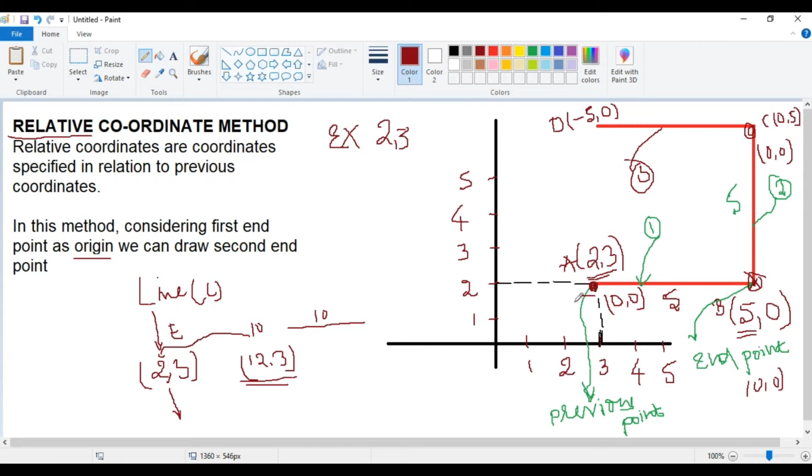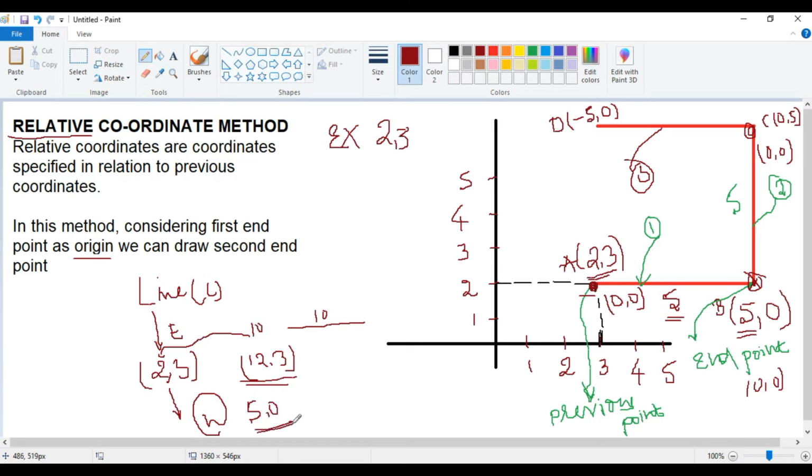When it becomes 0 comma 0, if I increment 5 units in the x-axis, I add 0 plus 5, which becomes 5, and the y value is 0 because we are not moving in the y-axis. So in relative mode I need to write the at symbol and then give 5 comma 0.